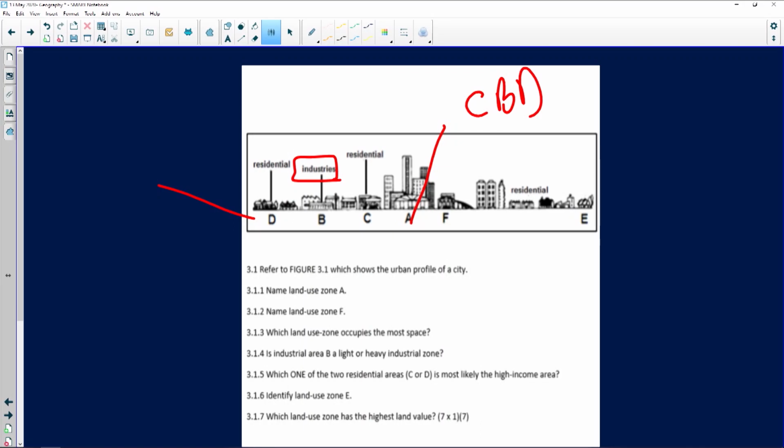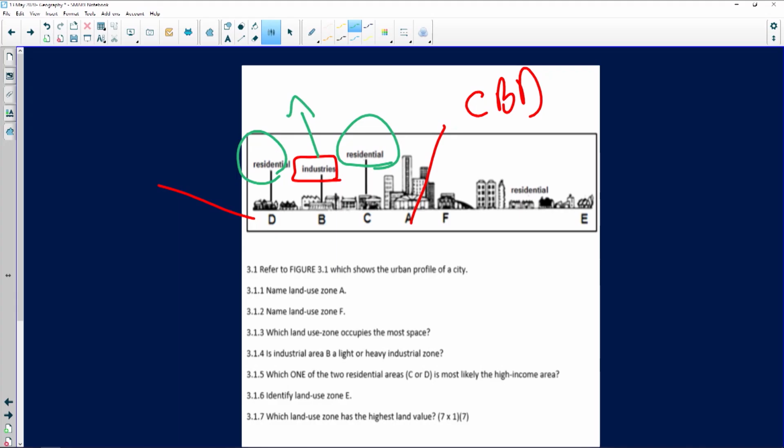Our light industries are usually textile industries. As you can see, just a tip, what do we find? This industry is situated right in between two residential areas. Can you imagine a heavy industry like coal, where they generate electricity, being situated between two residential areas?